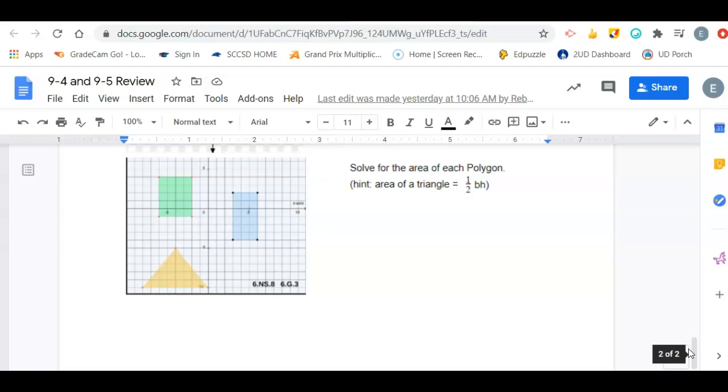Oh, it's not on your paper. It's on your screen. It's 1/2 base times height. Multiplying by half and dividing by 2 are the same thing. So my challenge to you would be, see if you can find the area of this triangle.